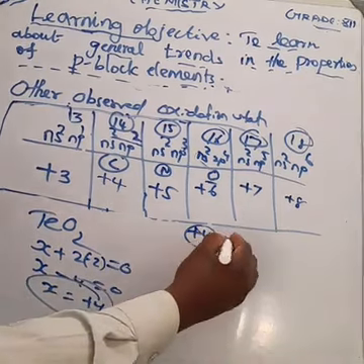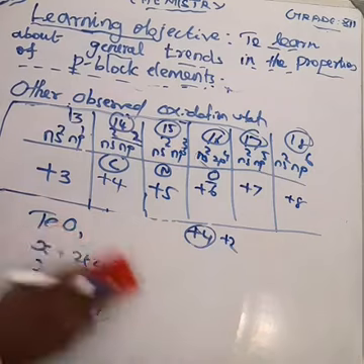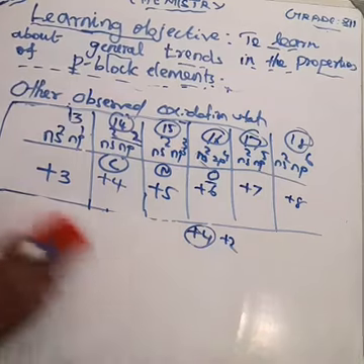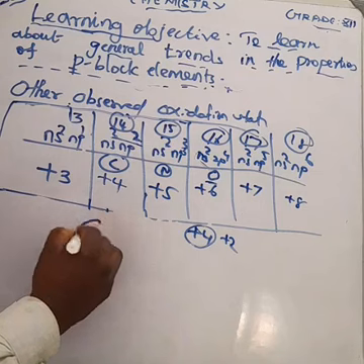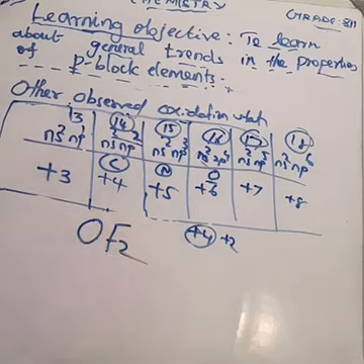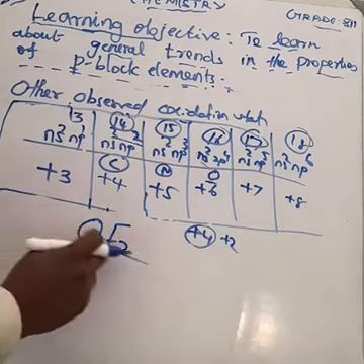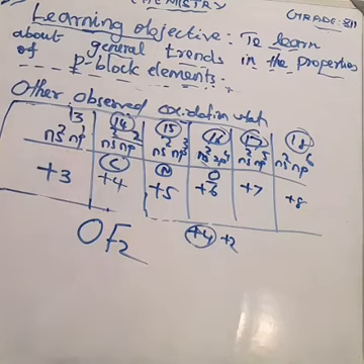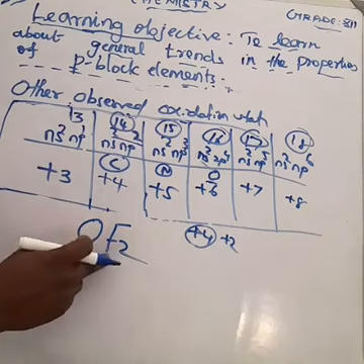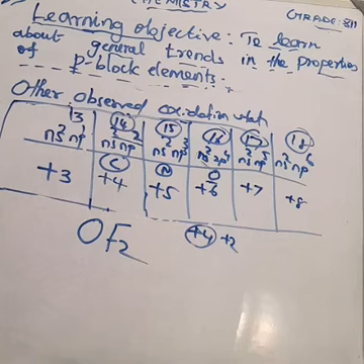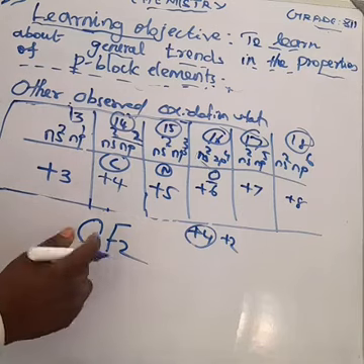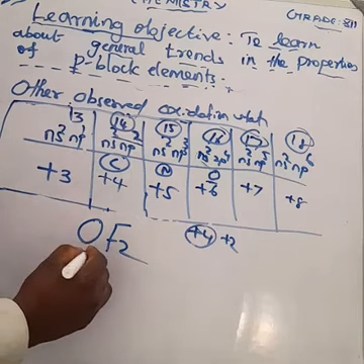What's the next one? Plus 2. Okay, plus 2 we can be taken as OF2. Okay, because it is an oxygen family. OF2. Okay, oxygen difluoride. What's the name of the compound? Oxygen difluoride. So here we have to find out oxygen.